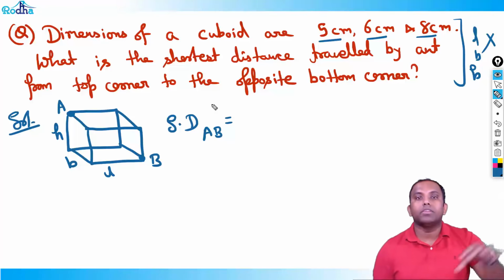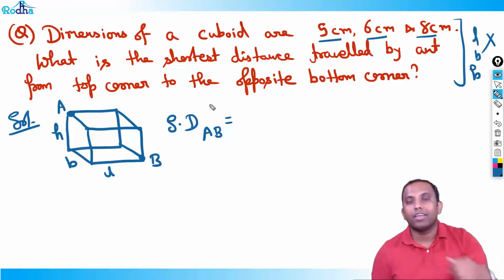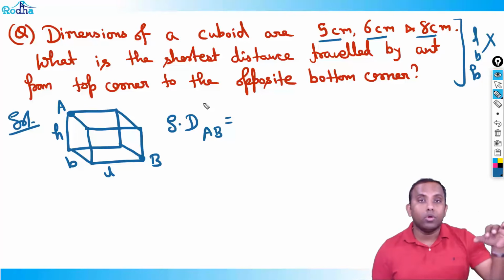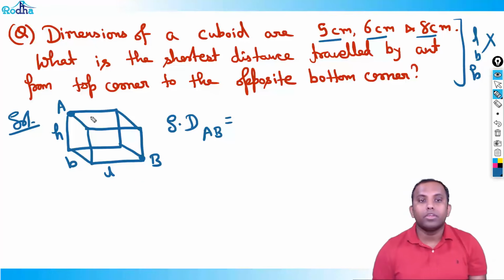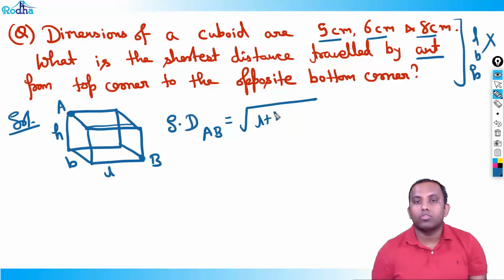The ant is not a pigeon, it can't fly. So the shortest distance AB for an ant is, we have done this, root under (L plus B) whole square plus H square. This we did in the last video.